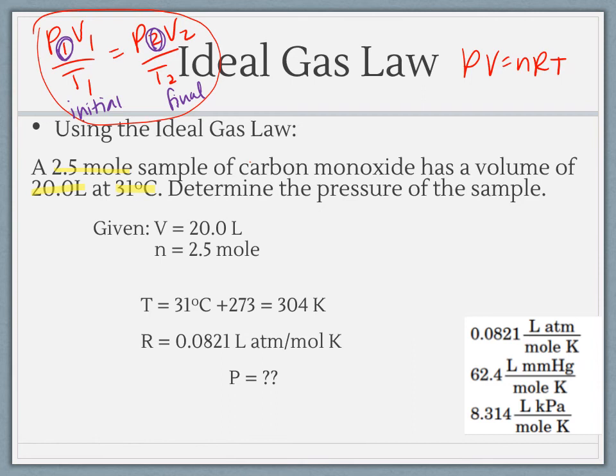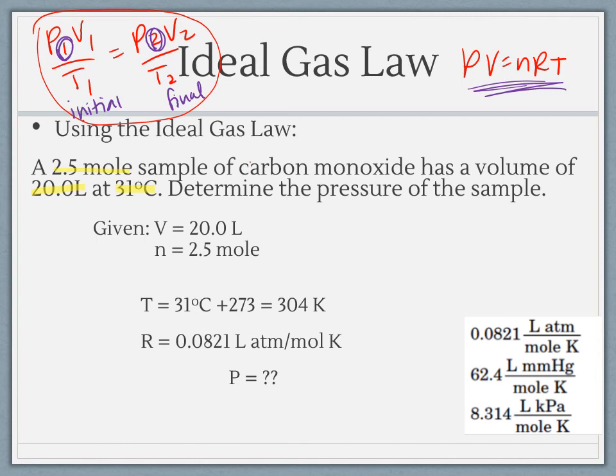Now, something I want to point out really quickly is the ideal gas law can be used at any point in time. So if we have to calculate volume or go to moles or anything like that, we can use the ideal gas law at any time. So this works even when we are not at STP.